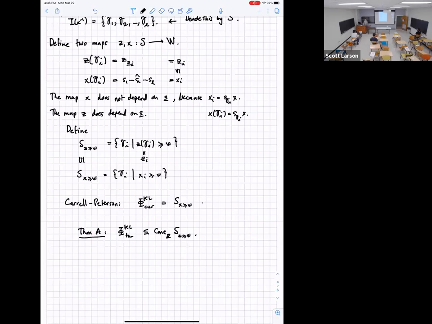So we don't have as much information. This is where cones come in, but we can prove the tangent space lies in the cone of the Z set.